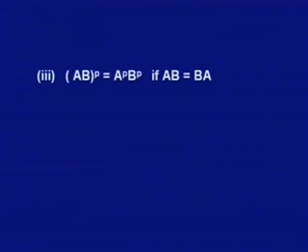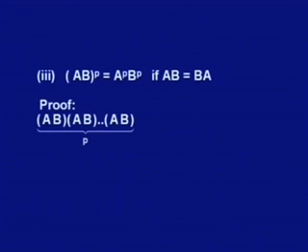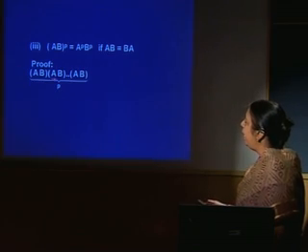Now, AB raised to power p can also be computed as A raised to power p, B raised to power p, provided AB is equal to BA. Now, that means the matrices A and B must be commutative. Now, to prove this, I have to multiply AB p times.